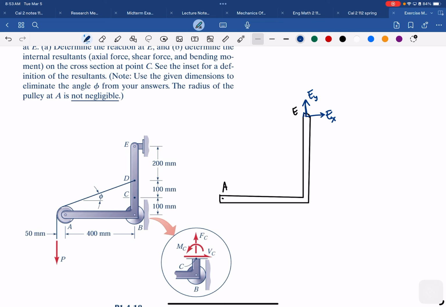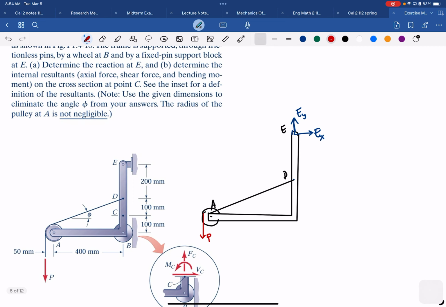And then you have D, this is around here, this is D. And then you have A like that, and this should be a roller. And then you have some forces here. P. Okay, I'm not sure how many P. Oh, P is 1 kilonewton. And then you have an angle here.